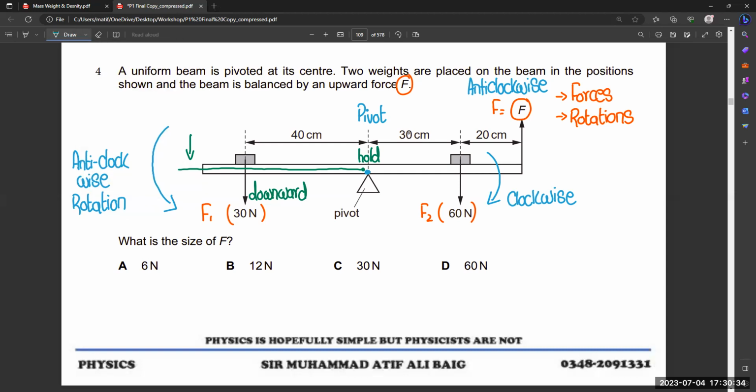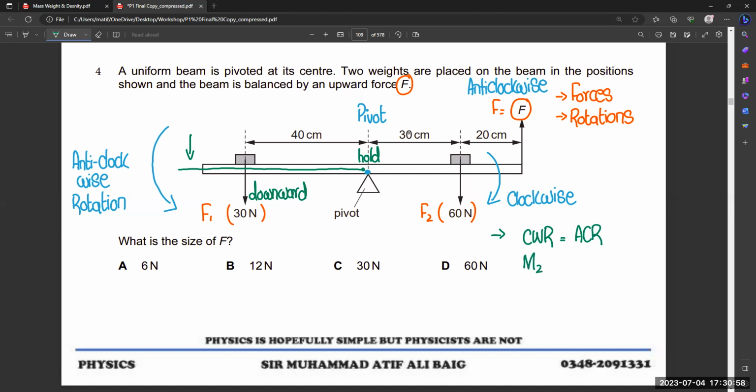Let's suppose I first write the clockwise rotation is equal to the anti-clockwise rotation. I'm writing this in short just to solve the question, right? There is no specific short term for these clockwise, anti-clockwise, so don't get confused in this. We have only one clockwise rotation and that is F2.